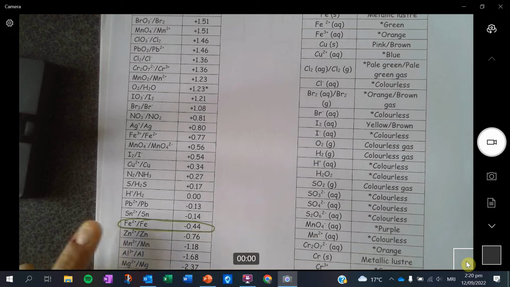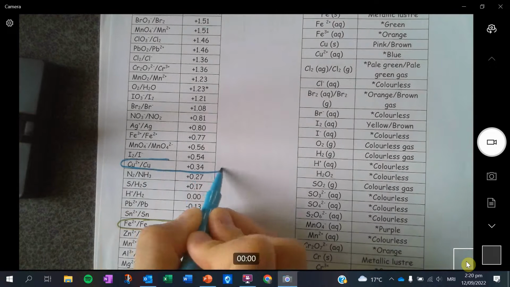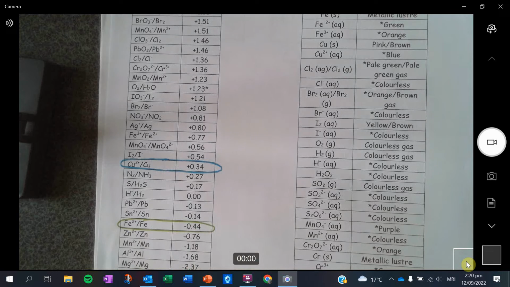I'm just going to circle it so we know where it is. The second thing we are looking for is the copper and the copper 2 ion. Do you guys understand how or why I know I'm looking for those two things? Yeah, it just has to do with what's in solution and also what metal electrode I have.